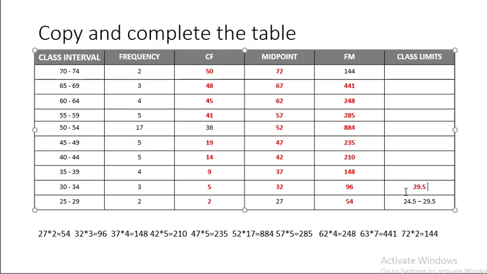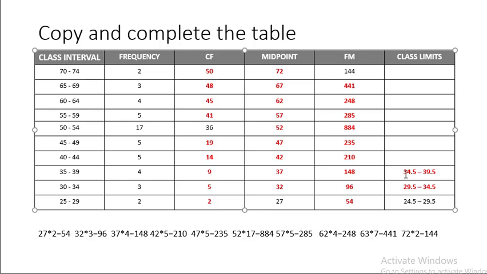Then 34 plus 0.5 gives us 34.5. Then the next one, 35. 35 minus 0.5 is 34.5. Then 39 plus 0.5 gives us 39.5. Then move on to the next one.